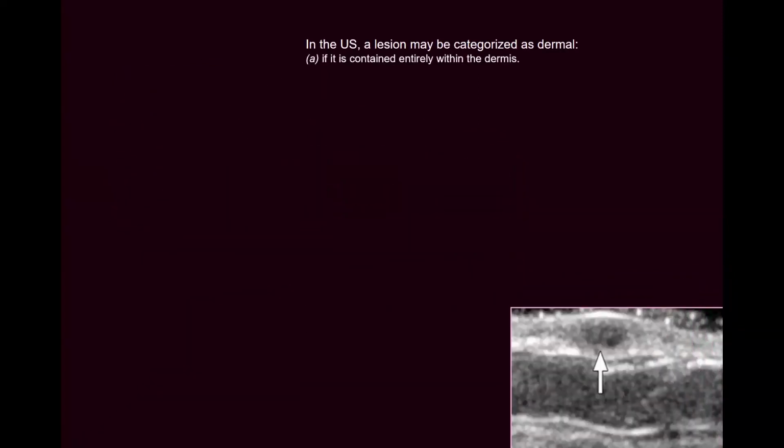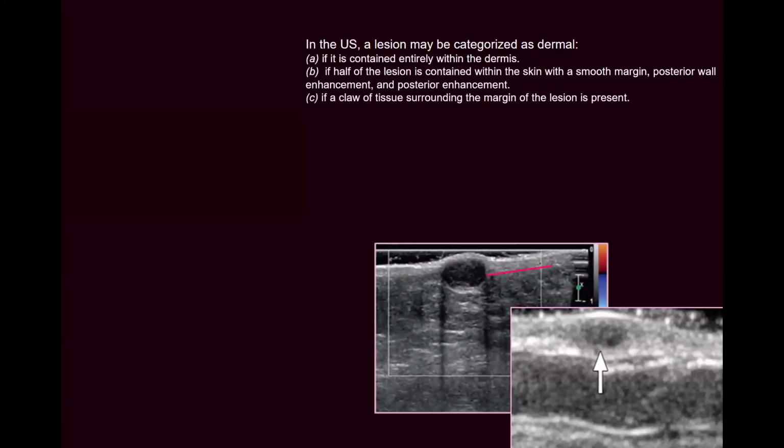Okay. And regarding the dermal and hypodermal lesions, we said that if the lesion is completely contained within the dermis, that means it is a dermal lesion. And if half of the lesion is contained within the skin with a smooth margin and posterior wall enhancement, look at the posterior wall, smooth, with posterior enhancement, these are reassuring findings.